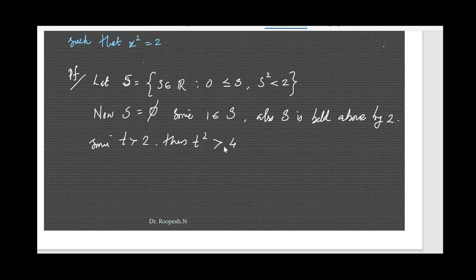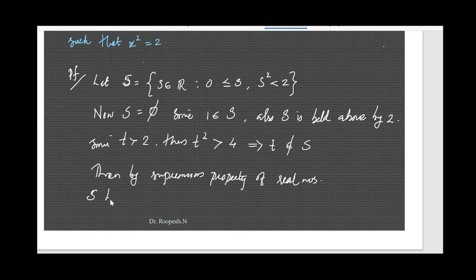T greater than 2, then t square is greater than 4, which implies t does not belong to S. Then by the supremum property of real numbers, set S has a supremum in R.